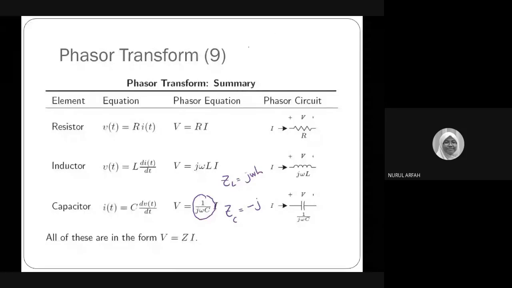Maybe you memorize this one, but you need to convert 1 over j omega C. How to convert this? You need to use j squared.